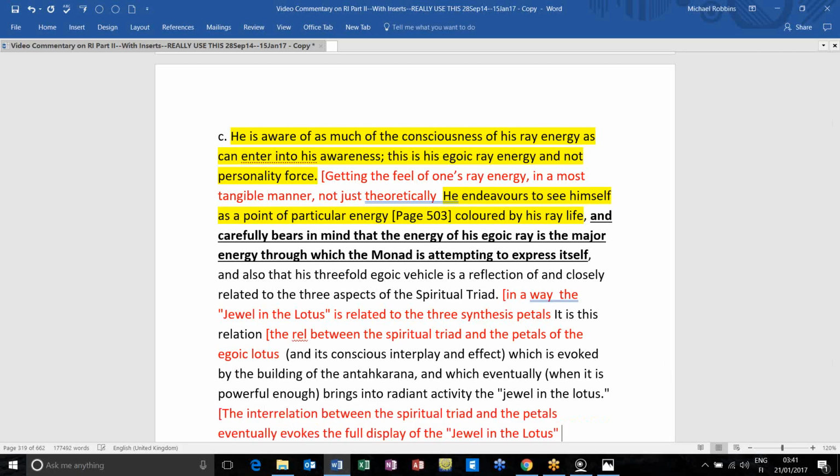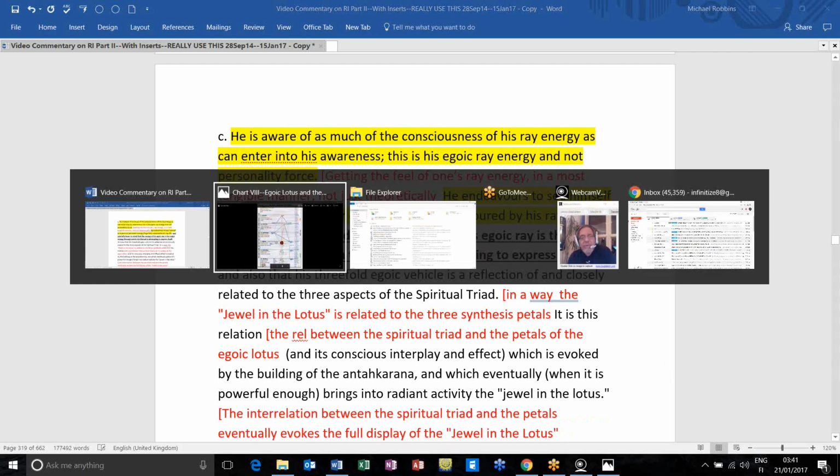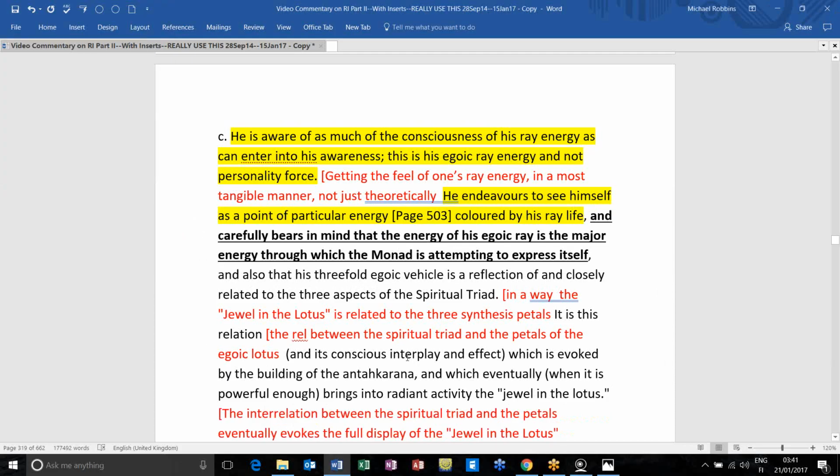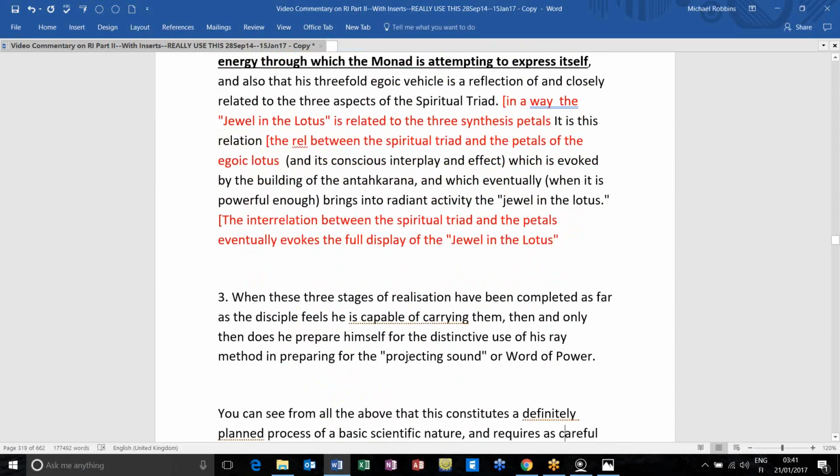I'm just remembering here, or realizing, how important it is to read this section with extreme care, because it has so many little important instructions which can be overlooked.